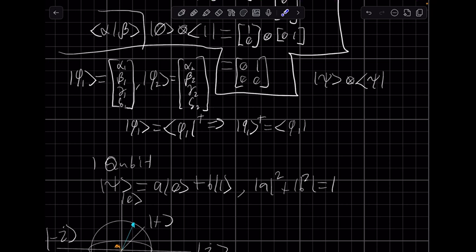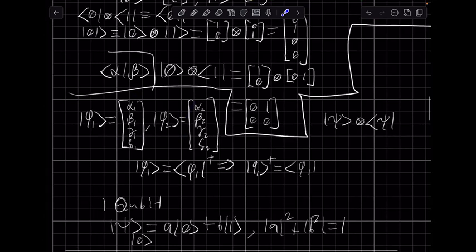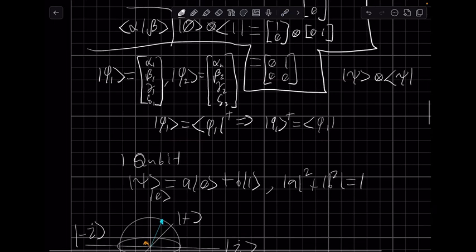Okay, so now expanding this into higher dimensions, we can see that if we have 4 elements here rather than 2 elements here, doubling the number of components, they are alpha 1, 2, beta 1, 2, gamma 1, 2, and delta 1, 2.